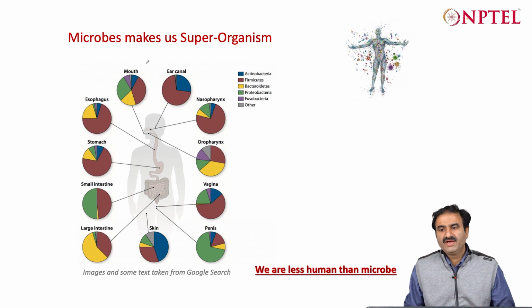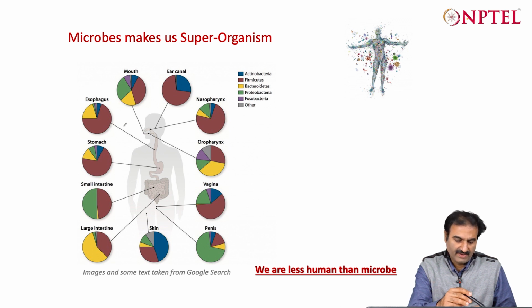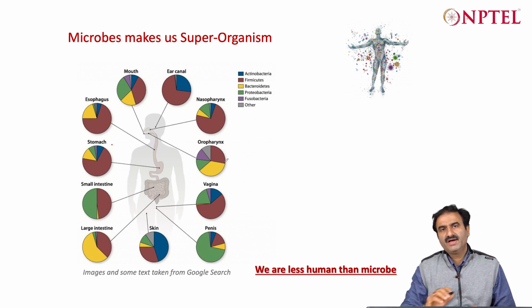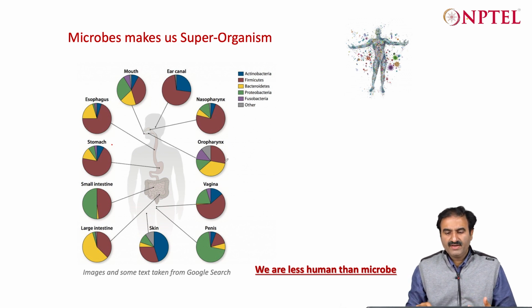In the case of humans, microbes are present in different body sites, like skin, and you can see the pie chart colors varying in each tissue, like kidney, intestine, stomach, mouth. So they are different in different parts of the body, which tells us that their relative compositions may be very different in the different organ sites.